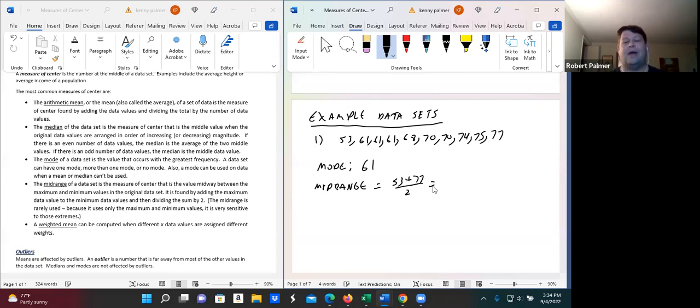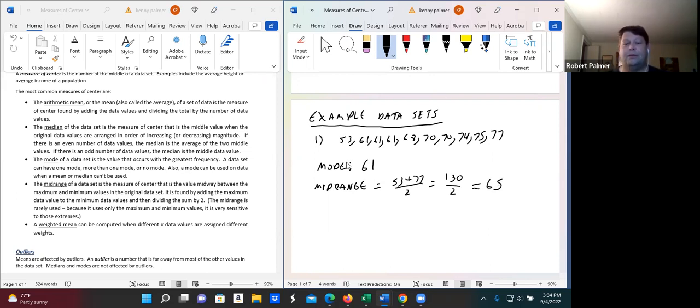If we just calculate that, that should be 130 divided by 2, and that would be 65. So that's our mid-range.